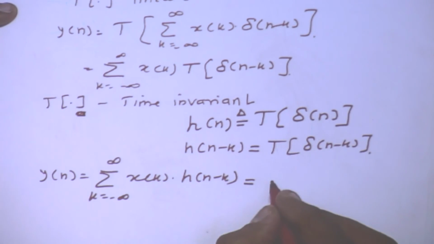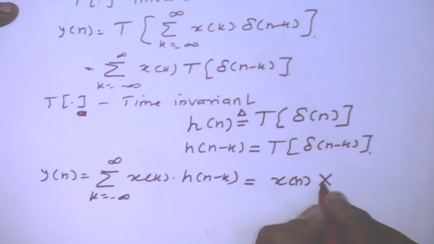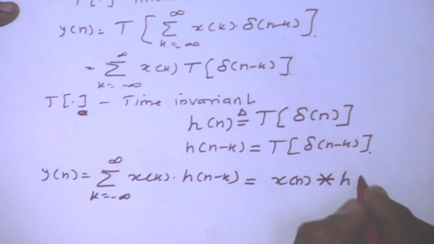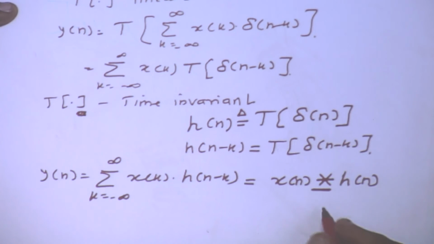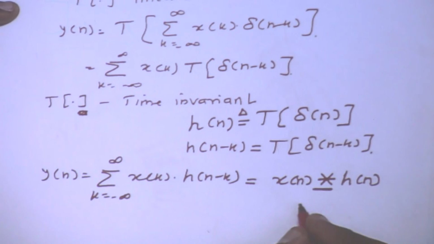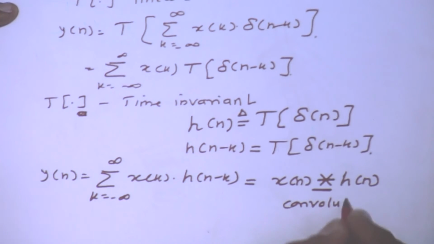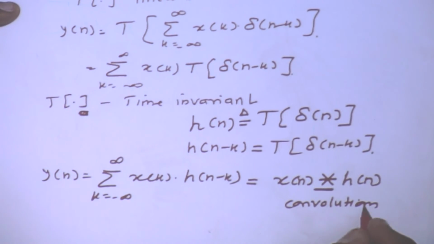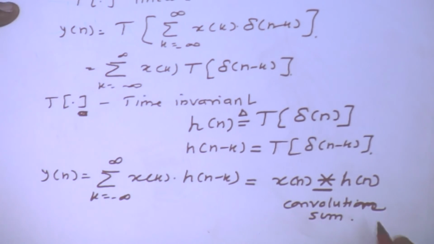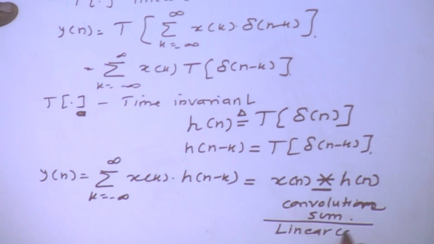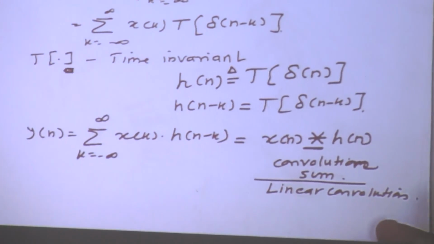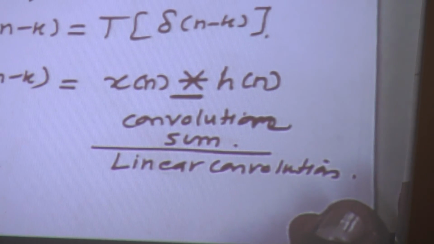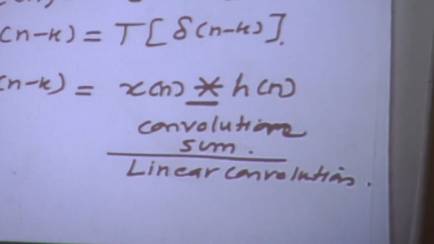This is defined as x[n] convolved with h[n], and this convolution symbol, with reference to discrete time systems, represents a convolution sum. Convolution sum is also called linear convolution. In the continuous time case, there was only one convolution, which is called convolution integral.